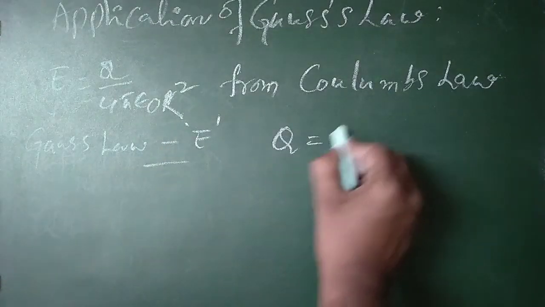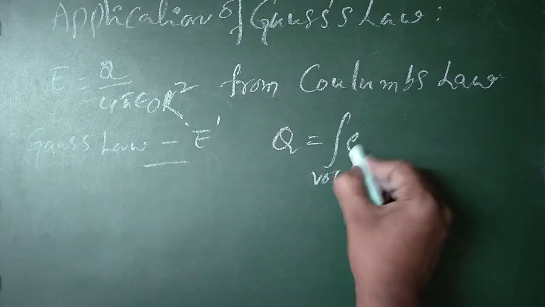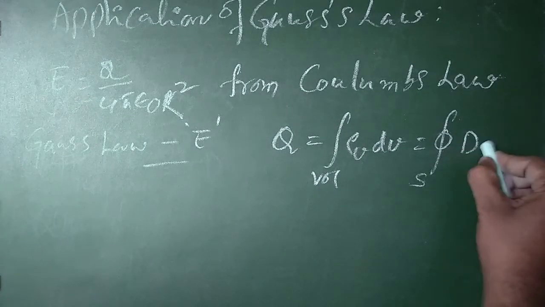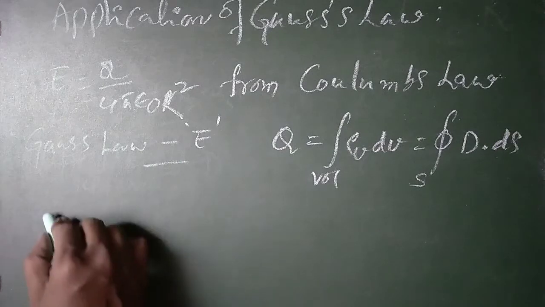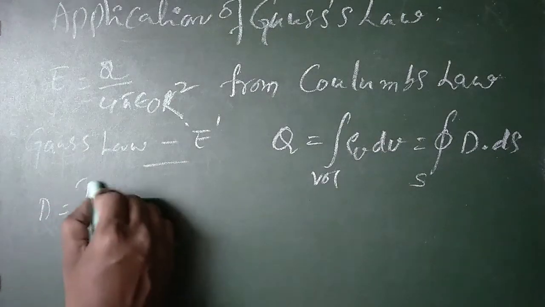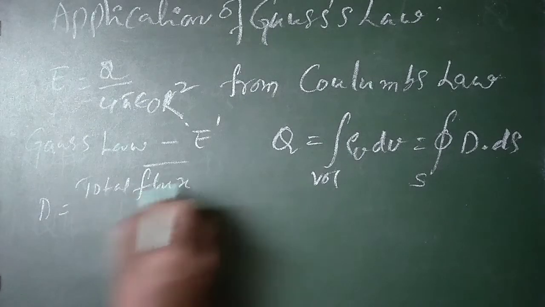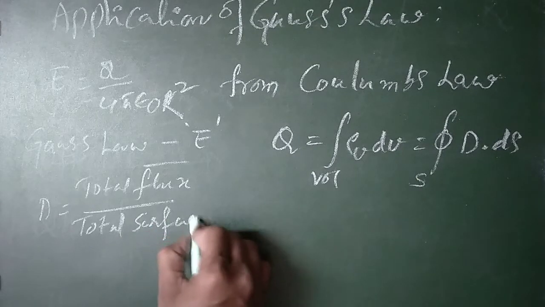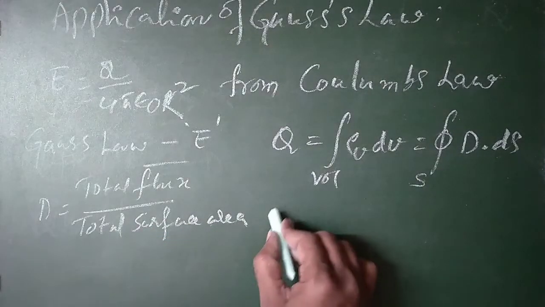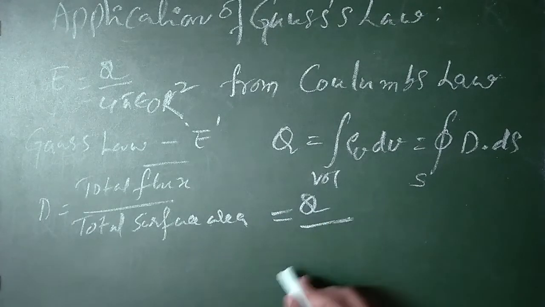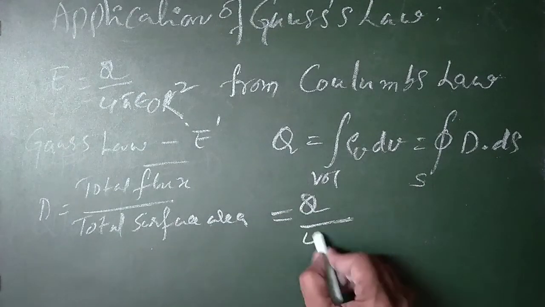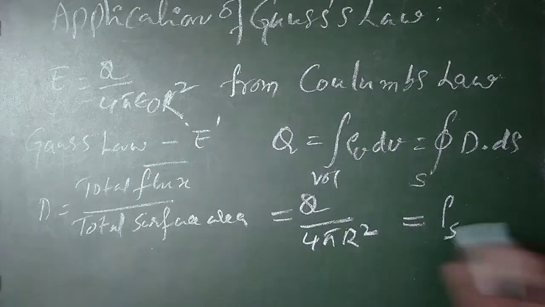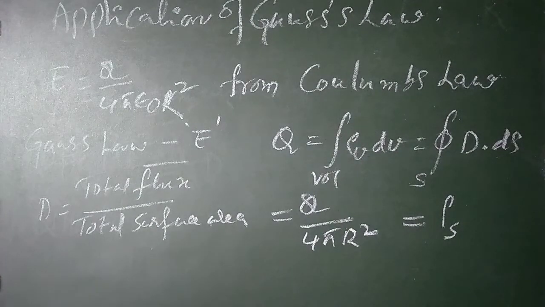Charge Q equals integral of rho V dV, which equals closed loop D dot dS. And the flux density D equals total flux per total surface area, that equals Q by the total surface area, which is 4 pi R square, which is also equal to surface charge density.